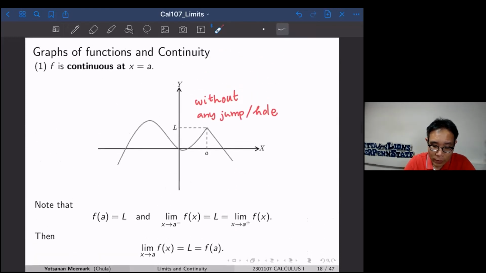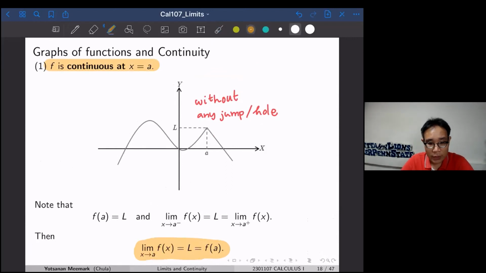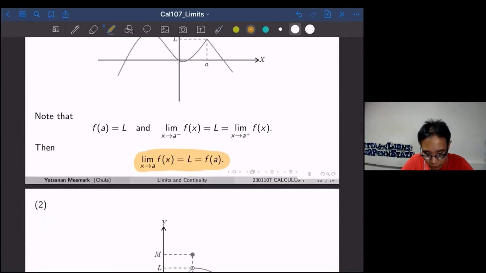This will be the only case where our function turns out to be continuous. So this will be our important condition: continuous at a means the limit as x goes to a of f(x) equals L equals f(a).